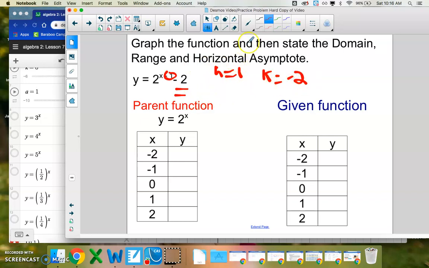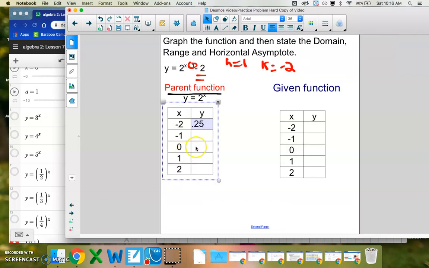And all of that is going to feed off of the parent function here, which is where I take all of the transformation stuff away. So looking at the values that we get for the parent function, when I just want to figure out what my graph looks like, if I plug -2 in, that's saying 2 to the -2nd power. So we flip the fraction, which becomes 1 over 2 squared, which is 1/4, so 0.25.